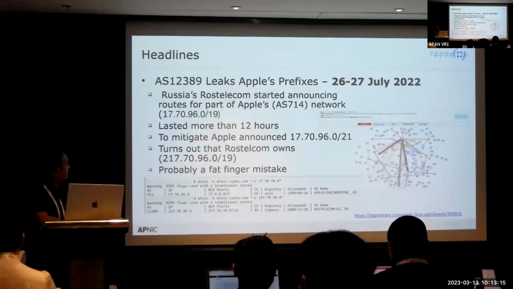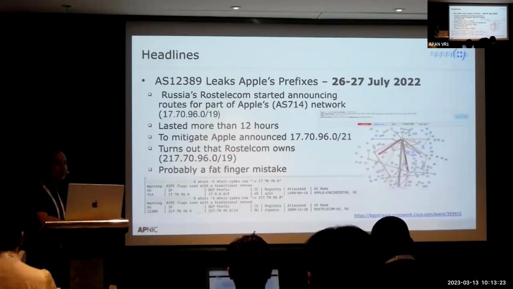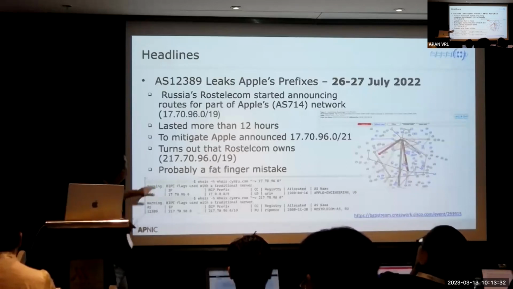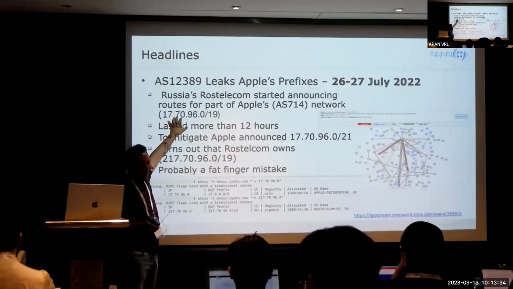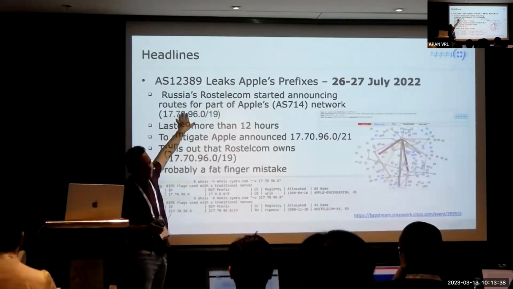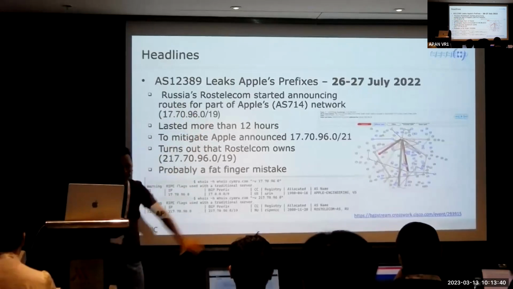So Rose Telecom actually has this prefix, 217.70.96.0/19, right? And due to a misconfiguration, they missed the 2 out here, right? So they announced this one, and this is a /8 block from Apple's prefix.